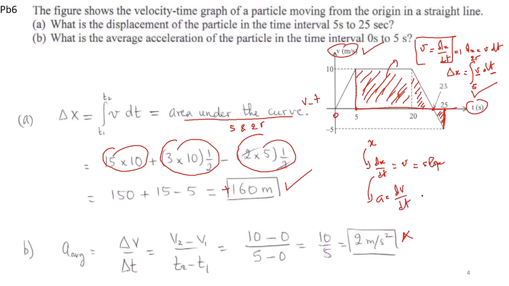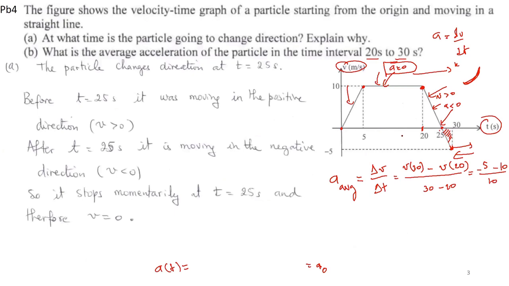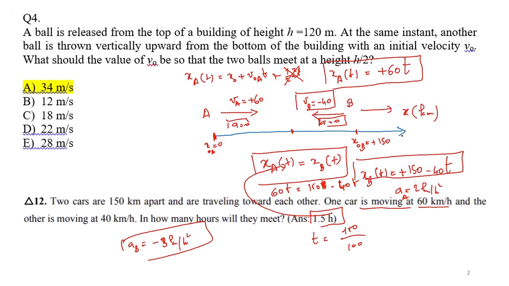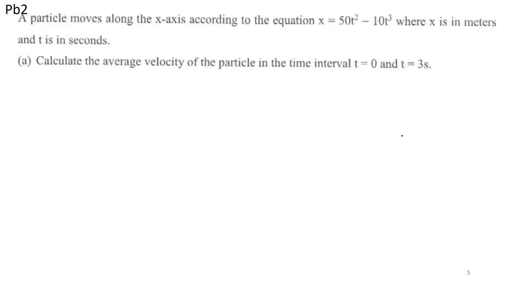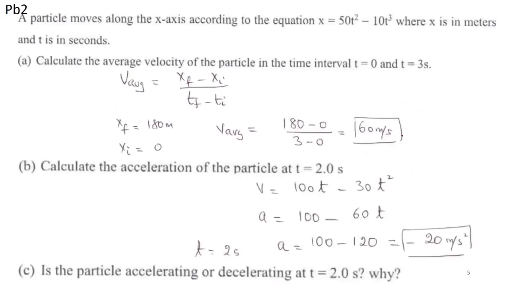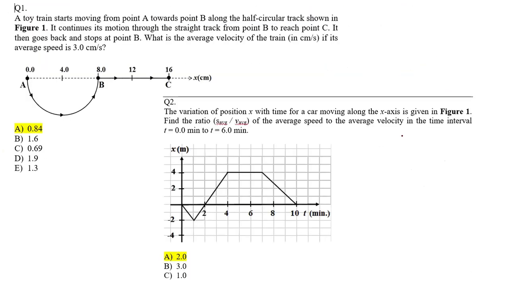Now, if I go from acceleration to here, this will give me change in velocity. From velocity, this will give me change in position. But I will come back to this. I have a couple of problems down here, and I will come to them just in a second.